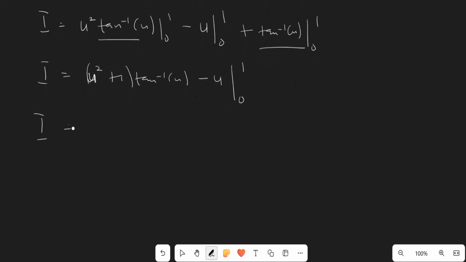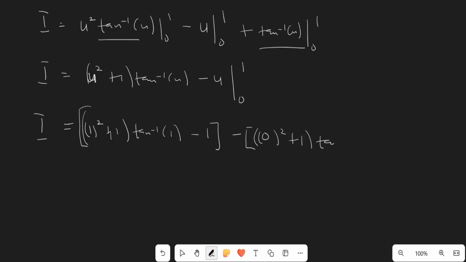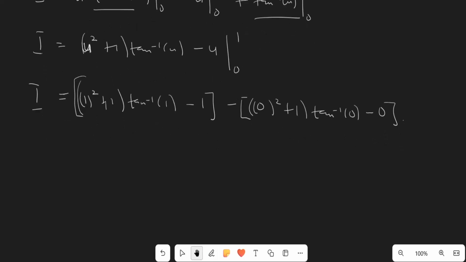So let's plug in our limits now. We have 1 squared plus 1 times the tan inverse of 1 minus 1. This is the upper limit, minus the lower limit. You have 0 squared plus 1, all multiplied by the tan inverse of 0 minus 0. This is the lower limit.